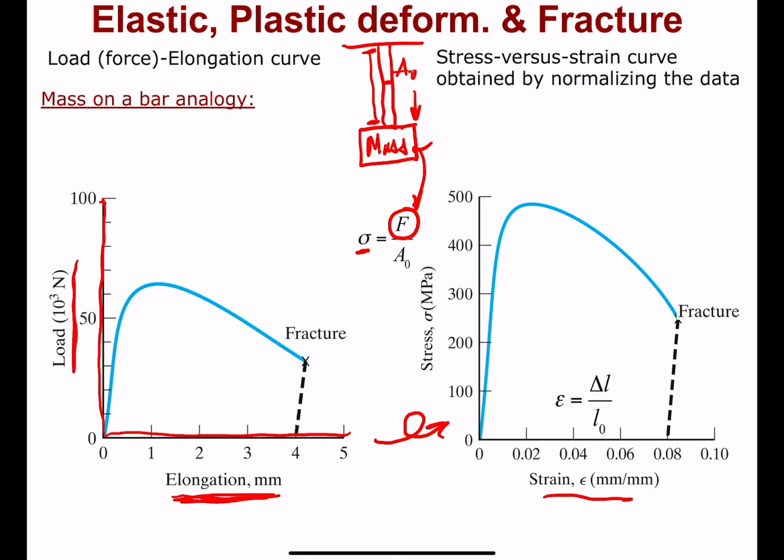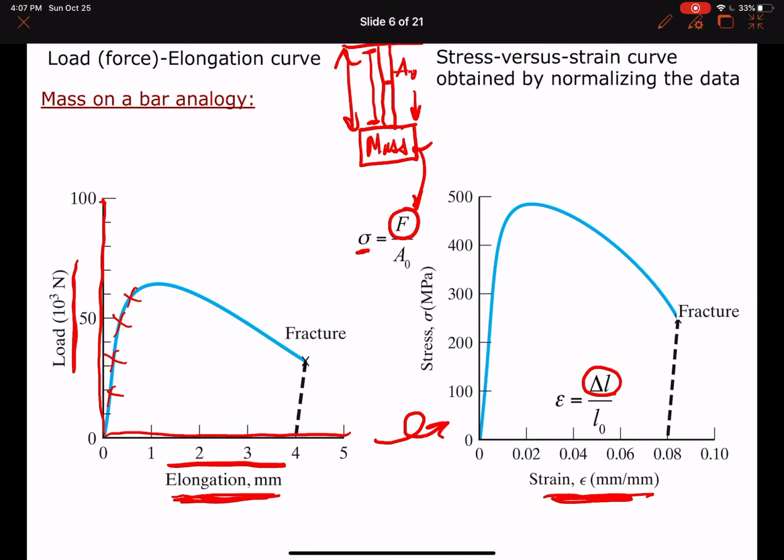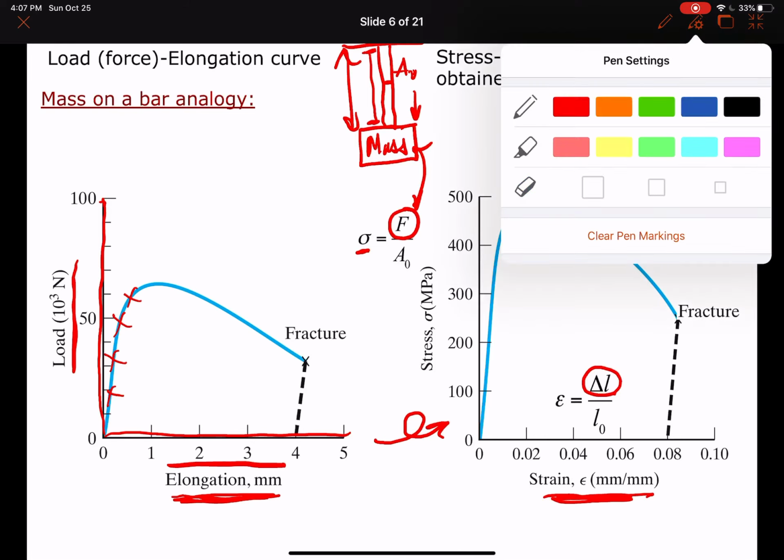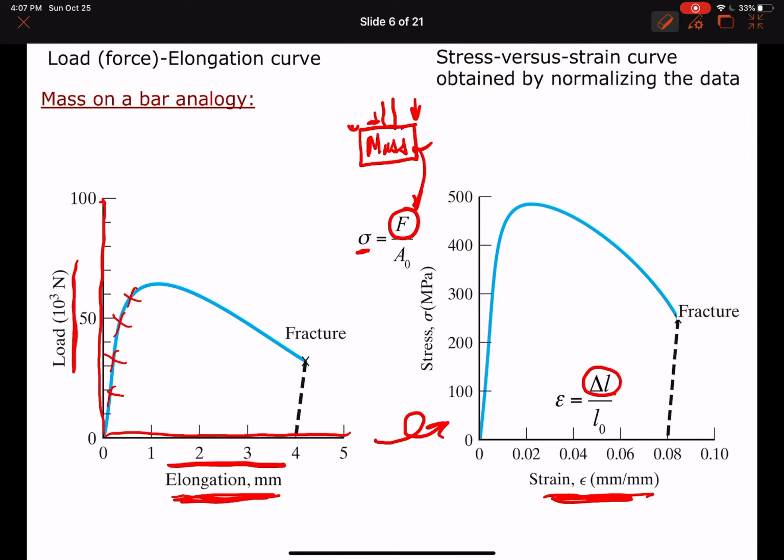Okay, and then strain, here are the important features, of course, the original length of the bar, and we're going to register changes in that length via the elongation ideas due to increasing amounts of mass on the bar, for example, and that is going to come into our unitless dimension, our x-axis, which is strain, symbol epsilon. Okay, so let's just clean some of this up so we're ready for some of the next ideas.